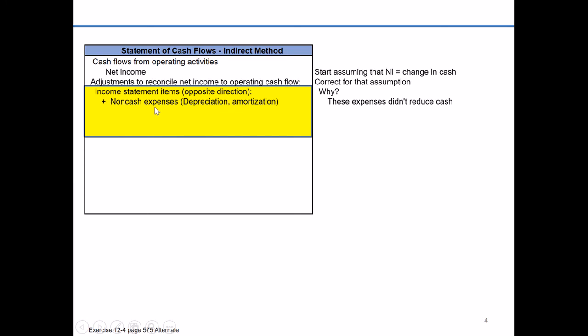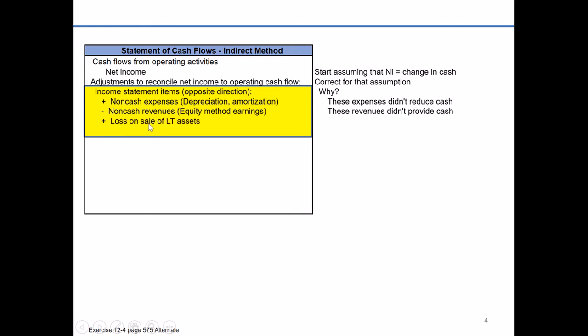So therefore, we need to add it back to net income, again, in order to get to our true operating cash flow. Similar, there may be some non-cash revenues recorded using our equity method of earnings that we would need to subtract out. These revenues didn't provide cash. That's why we're going to subtract them out.